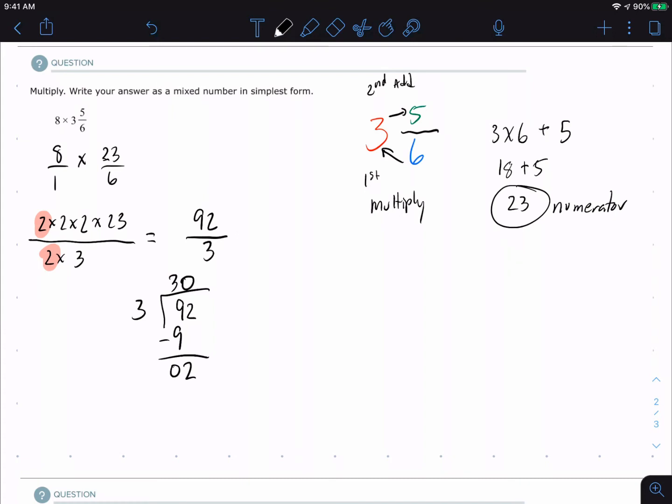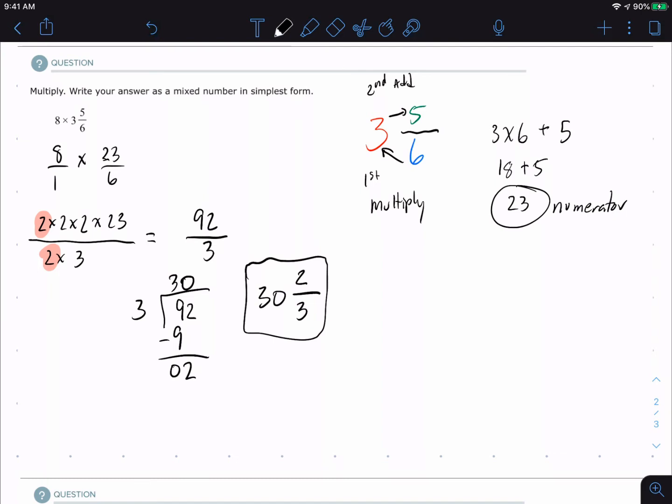It's clearly 0. So this will be my whole number. What's the remainder? 2. It's the 2. And then what did I divide by? 3. I divided by 3. So this is the answer. Is that okay?